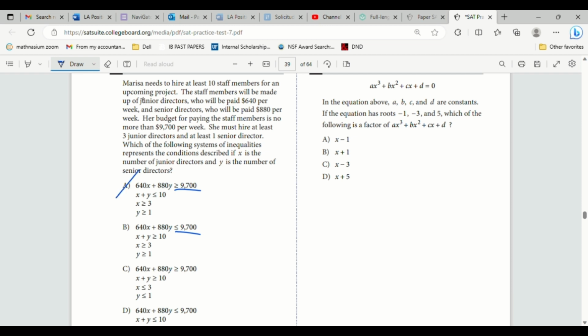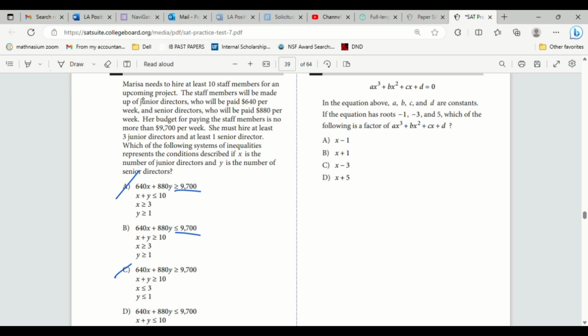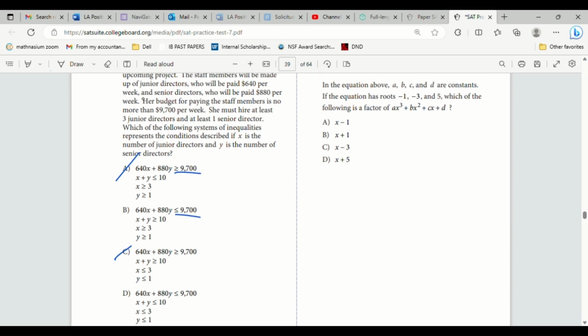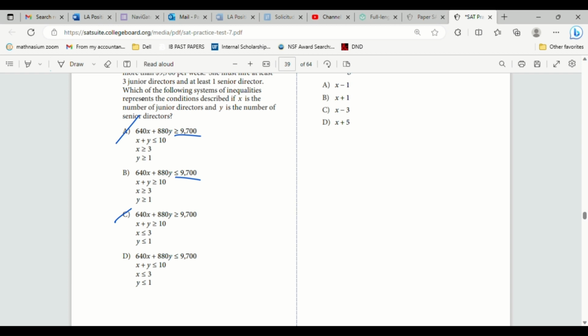So it's not A or C. And now the only difference between B and D is how the staff members are being allocated. And so we see that she must hire at least 3 junior directors and at least 1 senior director. So they're both at least. So X and Y must be greater than or equal to, so it is B.